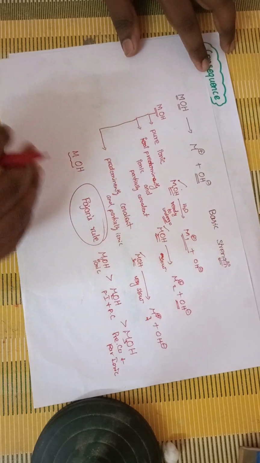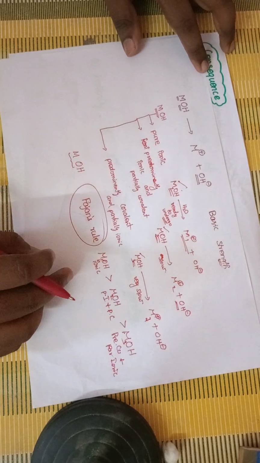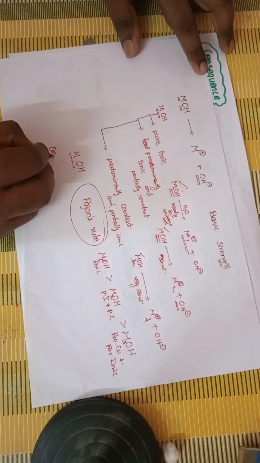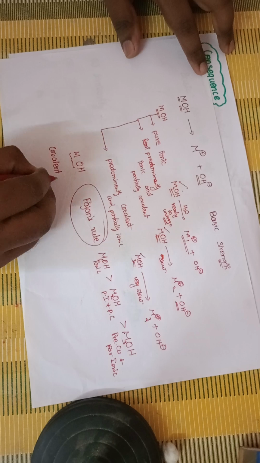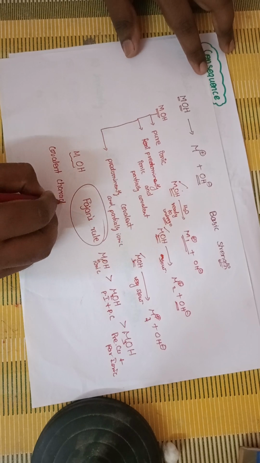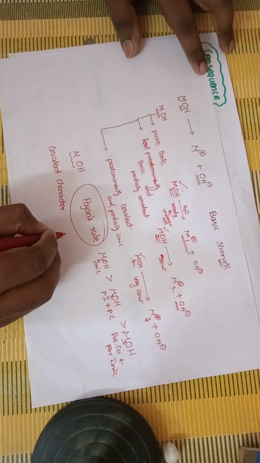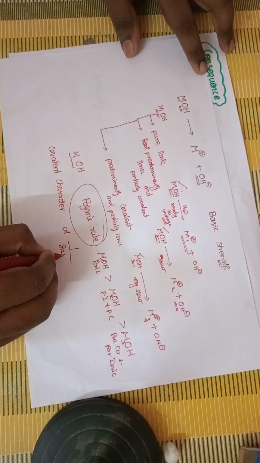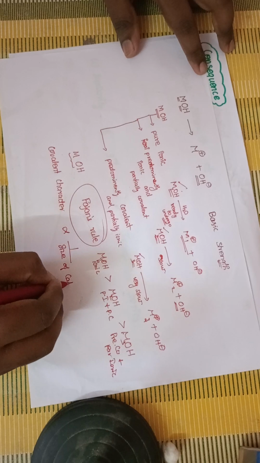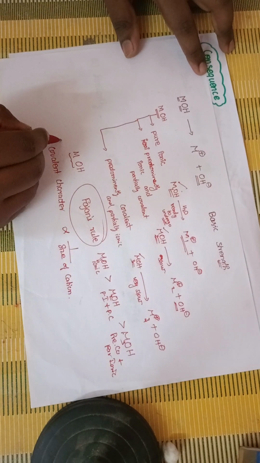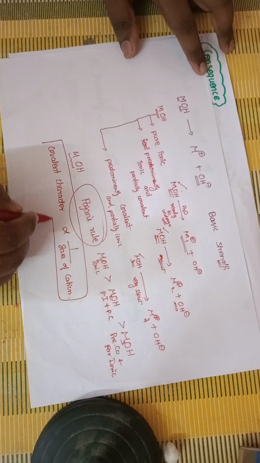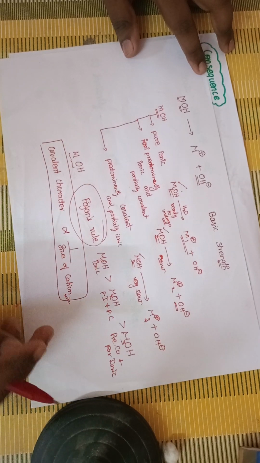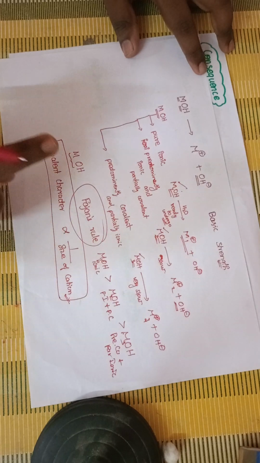Now what we need to understand is covalent character. Covalent character is inversely proportional to the size of the cation. If the size of the cation decreases, covalency increases.